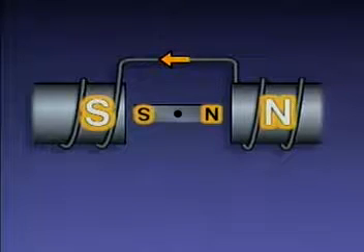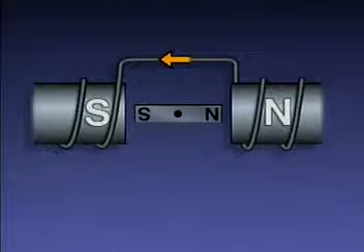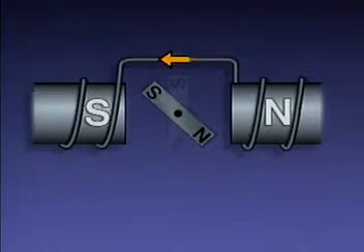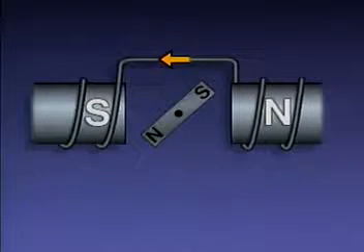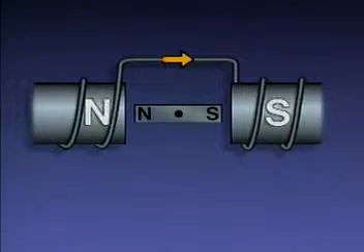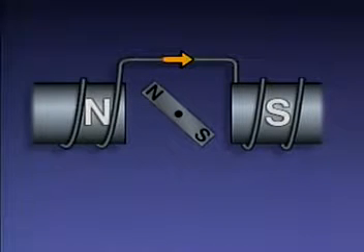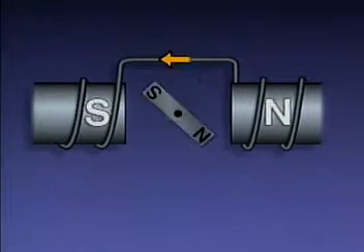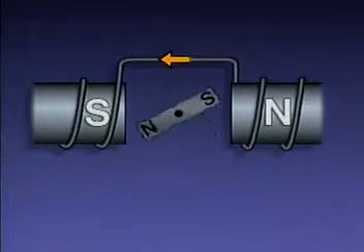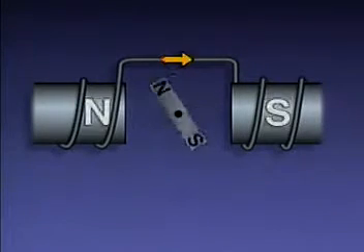So once again, the like poles are next to each other. The like poles repel each other, and the rotor continues to turn. As the rotor turns, the current flow reverses direction again, changing the polarities of the stator coils, and the rotor continues to turn. This cycle continually repeats, which results in continuous rotary motion.